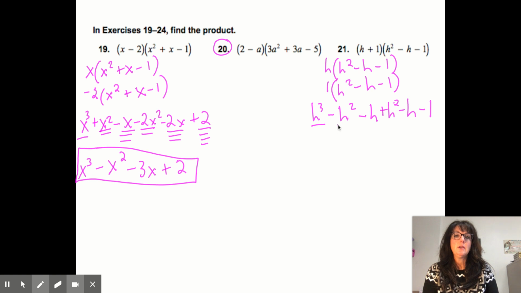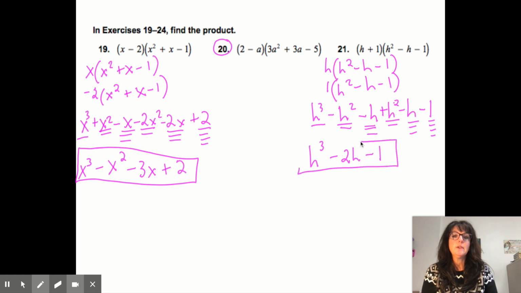Then we have h squared as our second term, the exponent of 1 is our third term, and then our fourth term. So simplified, h cubed. Then we have to combine these two, and they cancel out. Negative 1 plus 1 is 0, and so negative 1 plus 1 is 0, and we have 2h minus 1. This one actually multiplies and simplifies to a trinomial.